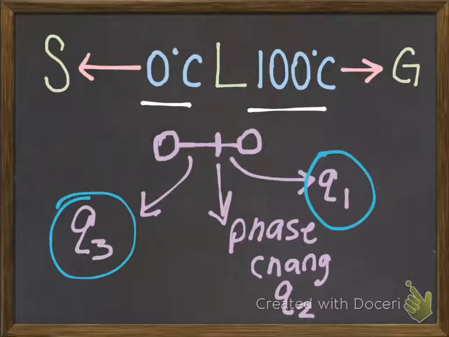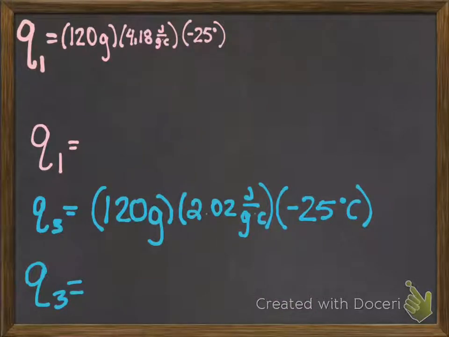So let's start with doing one of these Q equals mc delta T problems. We'll start with Q1. To solve, all you do is plug in the given information into the equation. Your mass is 120 grams. Your specific heat, or C, is 4.18 joules over grams degrees Celsius, and your change in temperature is negative 25.